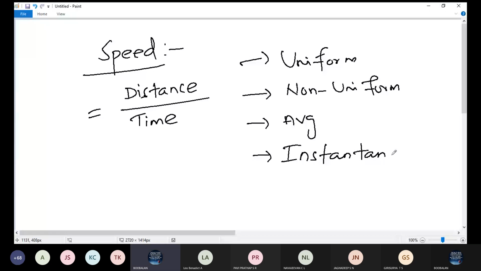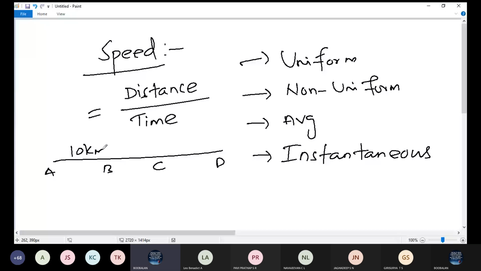Okay, instantaneous. So first of all, uniform speed. I will mark 4 places. This is A, this is B, C, and D. The distance is 10 kilometers. This is also 10 kilometers. This is also 10 kilometers.